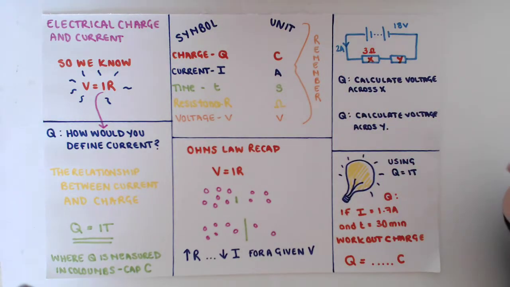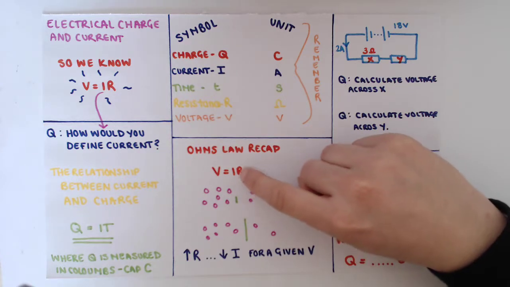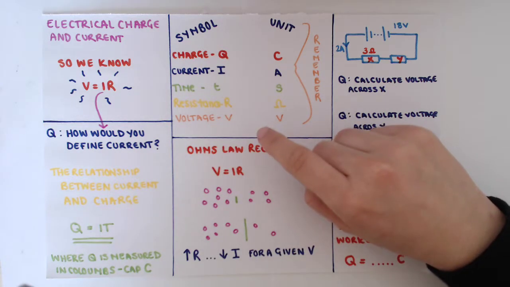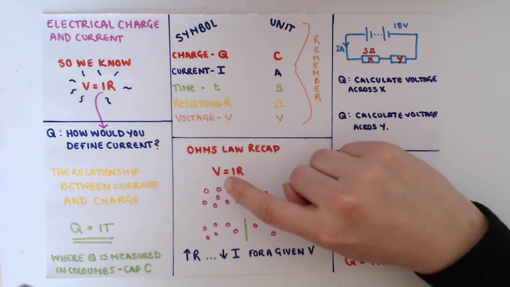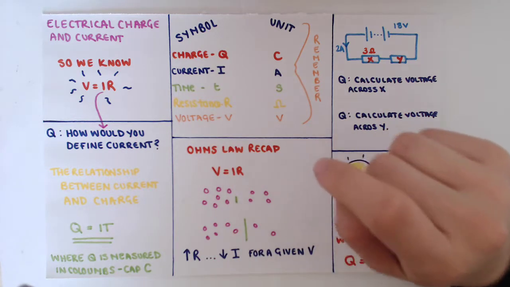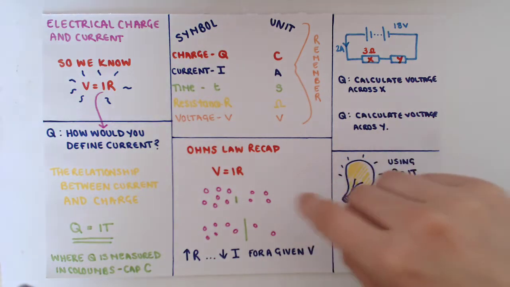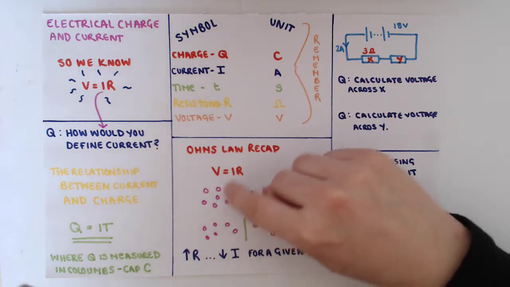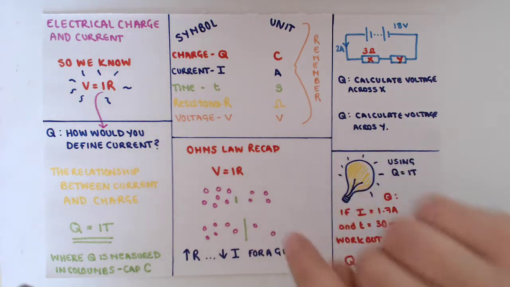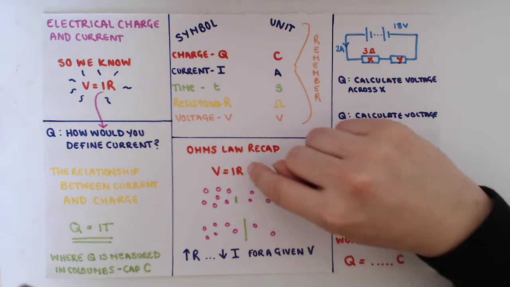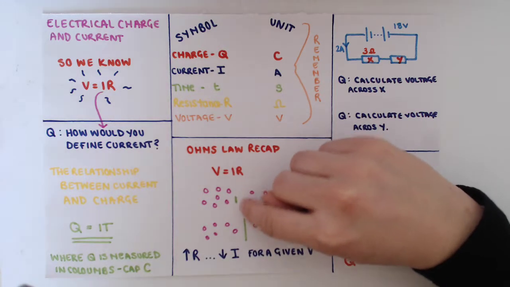If you're given a question asking what happens to the current if the resistance is increased for a voltage that stays the same, you could think about it like this. Think about little circle electron things, and you have a resistance, say the resistance is the green bar.